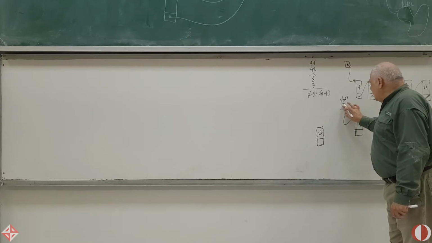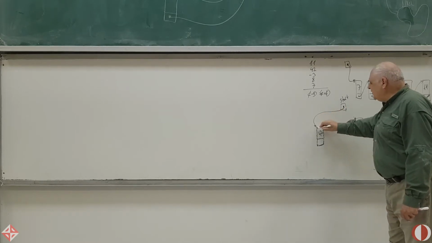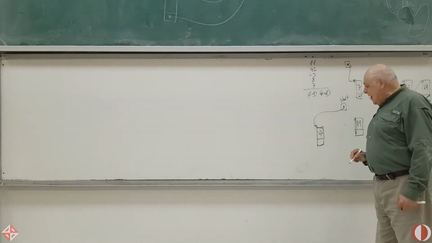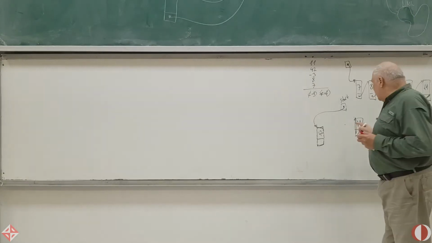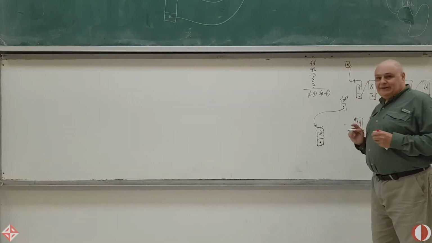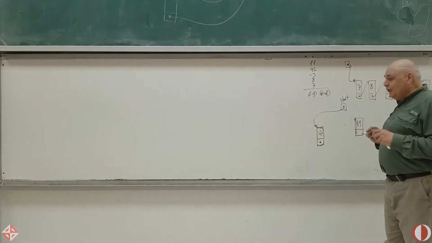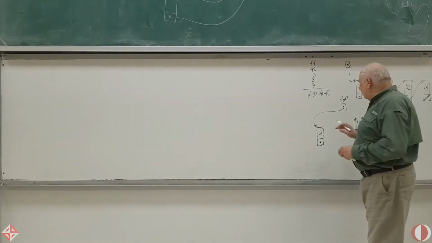If I change this pointer to point to this position, then how will I point from here to here? Oh, trouble. So I go the other way around.